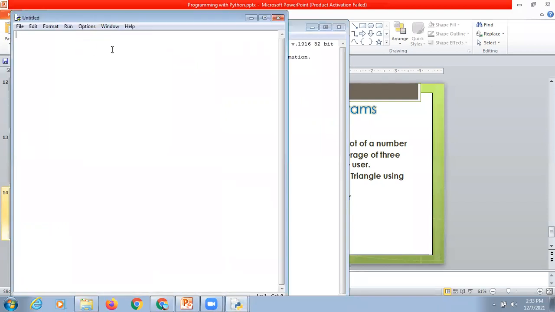Okay, so I'm taking a variable A, and in A, I will accept the value from the user.